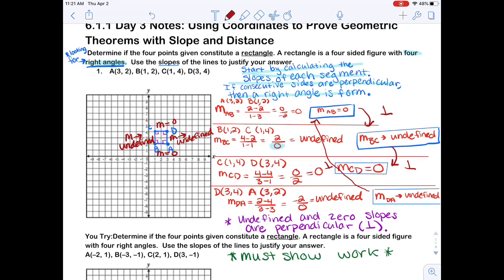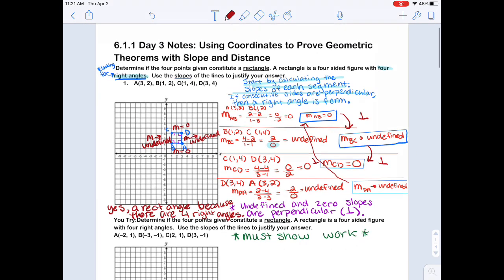Okay, so we can conclude, yes, a rectangle, because there are 4 right angles. You are going to do one of these problems on your own. Make sure that you show the work.